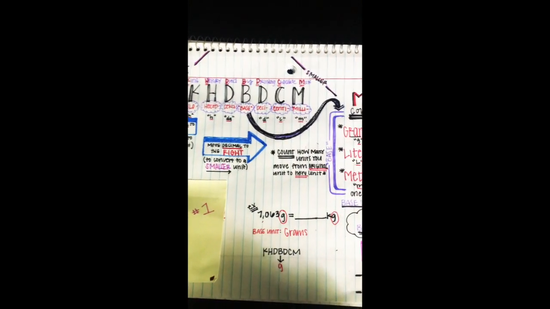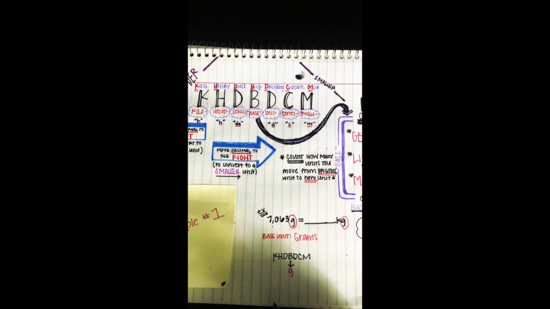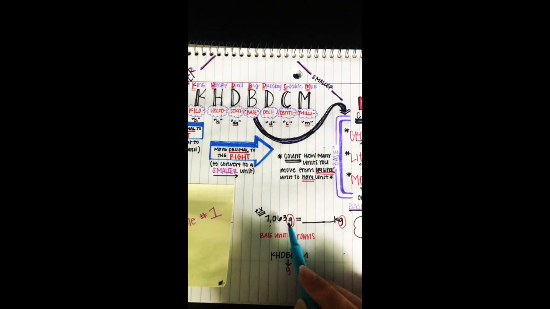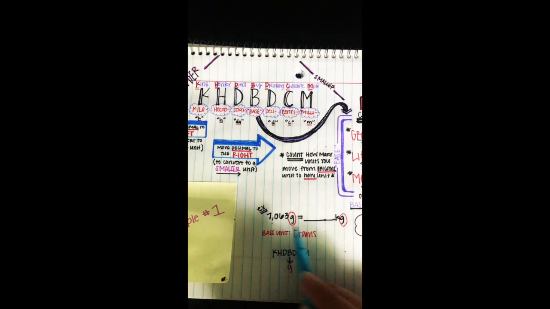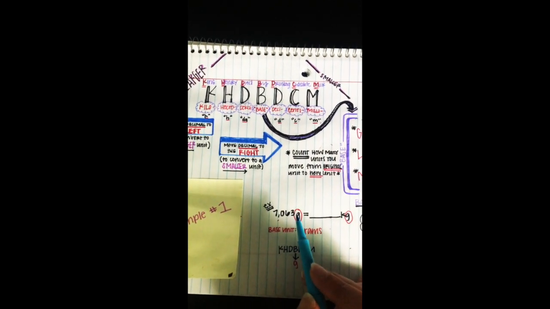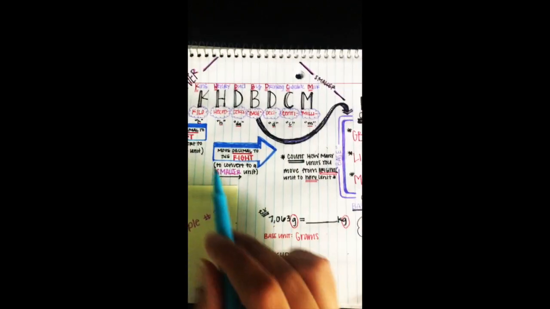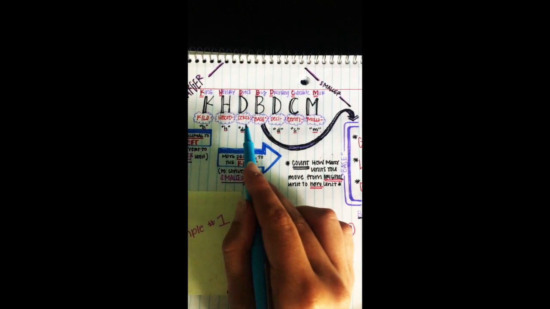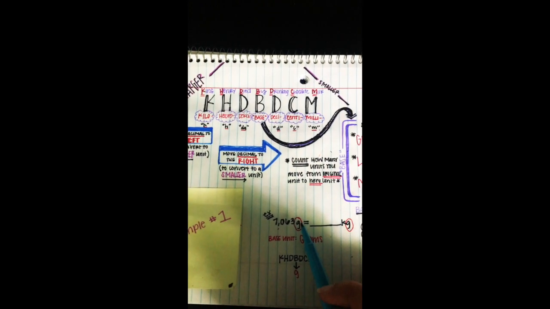Okay, so second thing we're going to identify is our start unit, end unit that we just talked about. So our start unit is grams. Okay, so we don't see any of the prefixes that we used earlier, right?